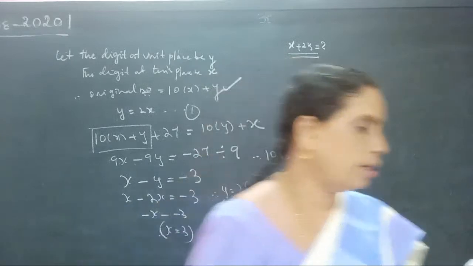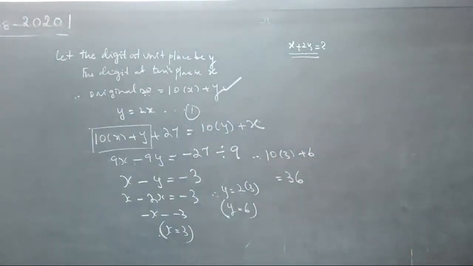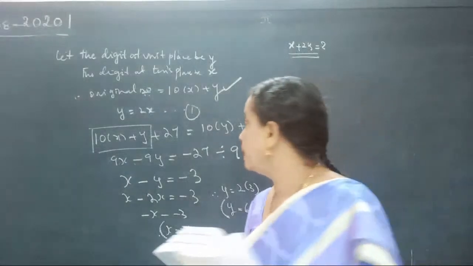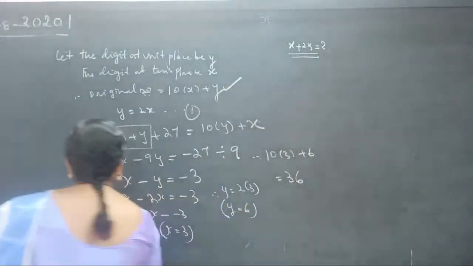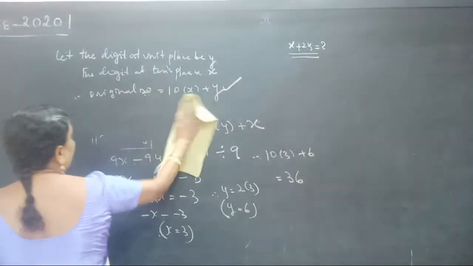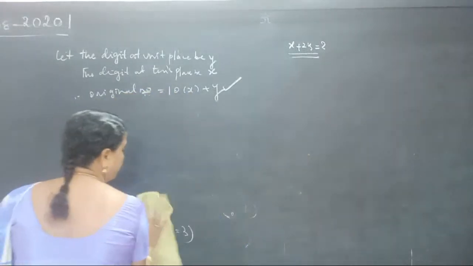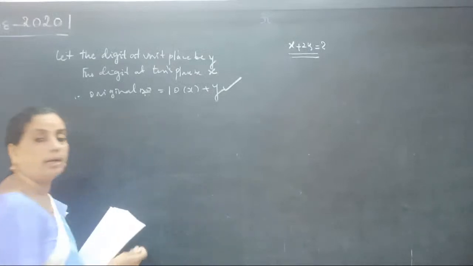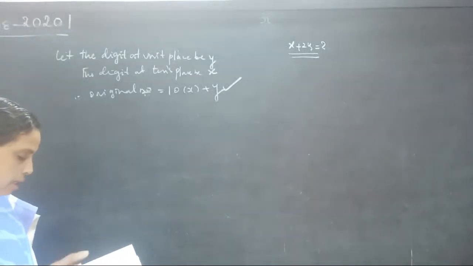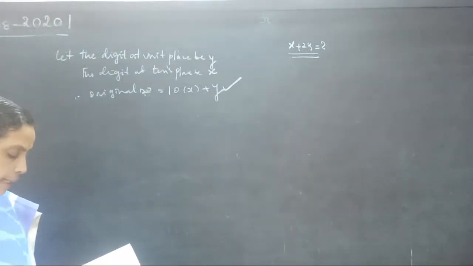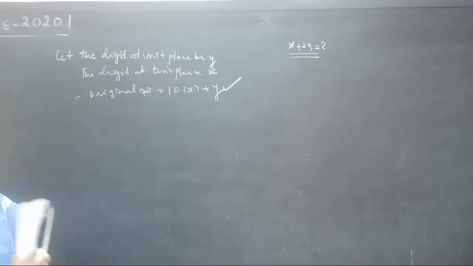So try to start your number. Let the digit at the unit place be y and the tens place be x. The original number is 10x plus y. Reversing the number is 10y plus x. The first condition: the original number and the interchanged digits, their sum is 110.